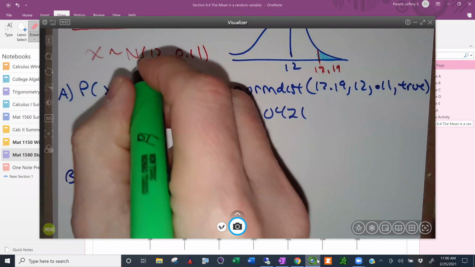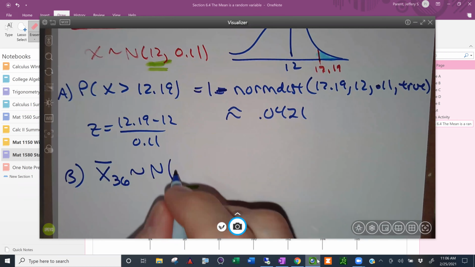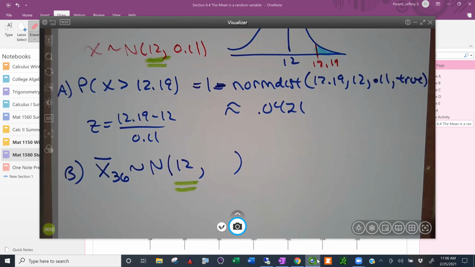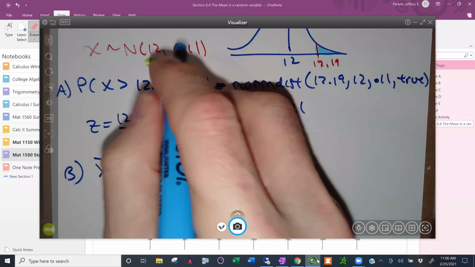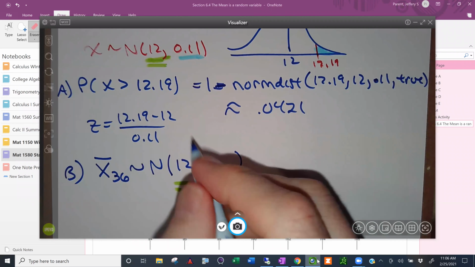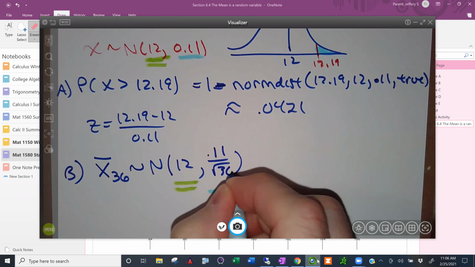Its mean is going to be the same as this one. So those two numbers are going to be the same. What's going to be different is the standard deviation. The standard deviation here is going to be 0.11 divided by the square root of 36.